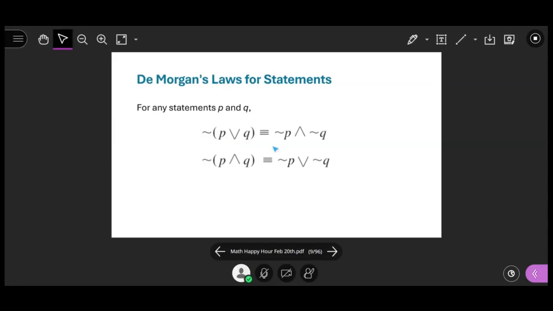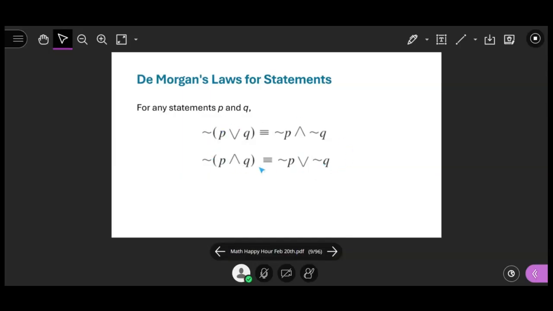It was distributed into the P and into the Q, and the negation of the disjunction becomes the conjunction. In the same way, for the second one, negation of P conjunction Q is equivalent to negation P disjunction negation Q.